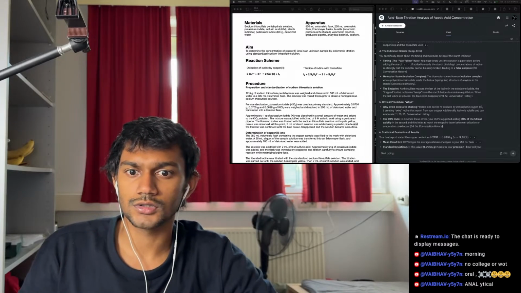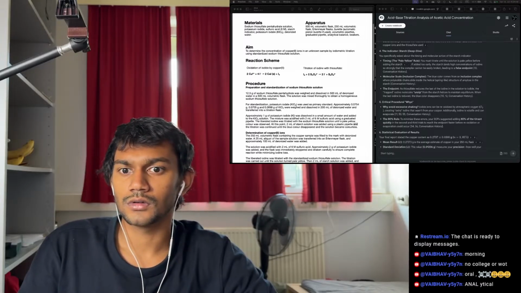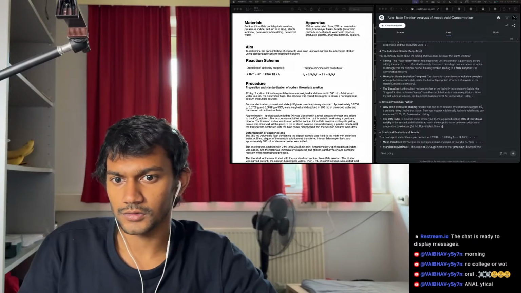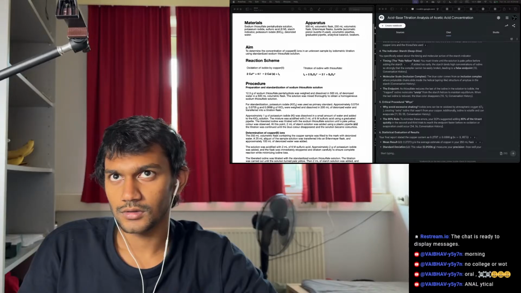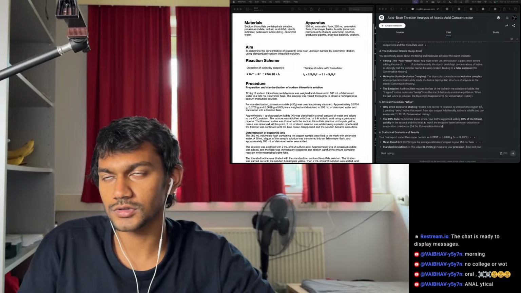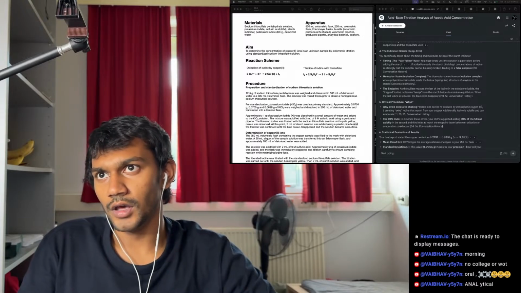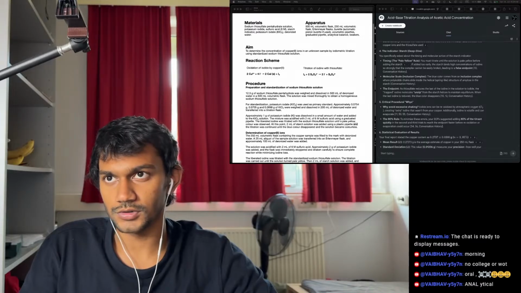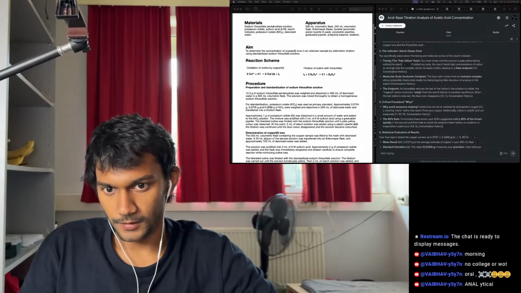The next one is the volume of thiosulfate used, number of moles, number of copper ions, mass of copper ions, molar mass, mass of copper ions in 250 milliliters. Then we get the mean mass and the 95% confidence interval.